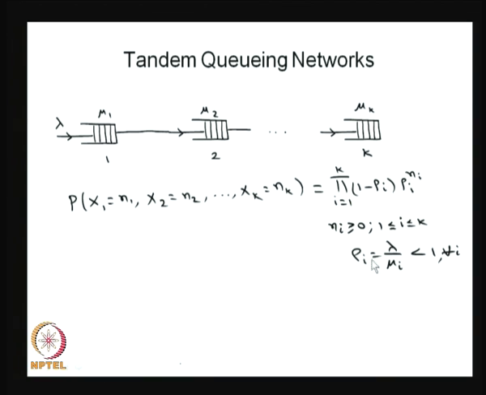So, this exists as long as all the rho_i's are less than 1, and since the mean arrival rate is lambda, all the rho_i's are lambda divided by the service rates for the corresponding queue.